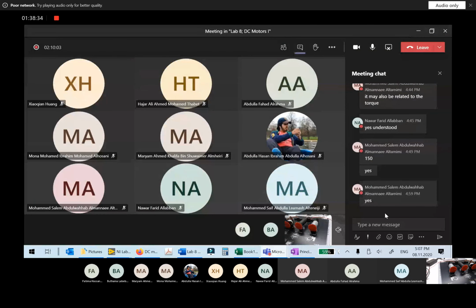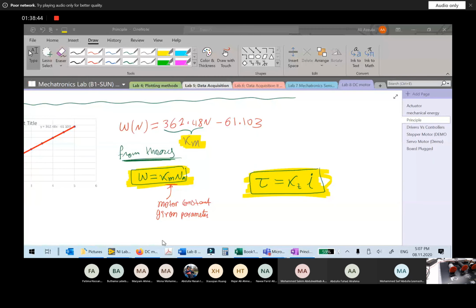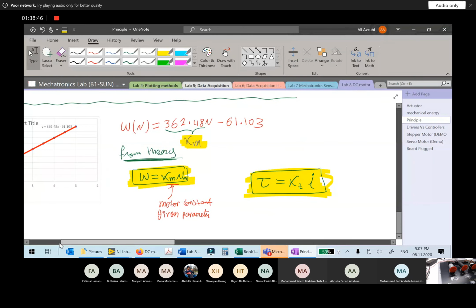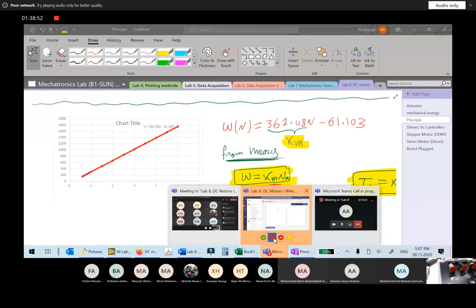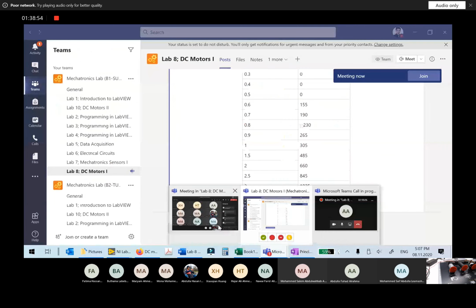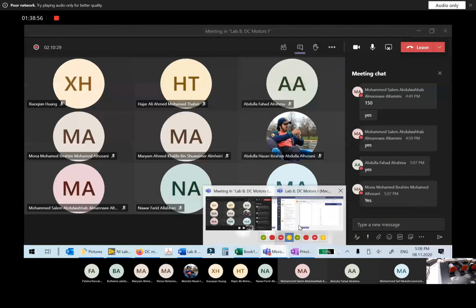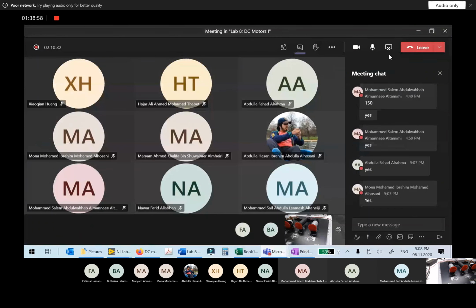Where are you? At least say yes. This means no or yes? Okay, so basically my experiment was straightforward. I just applied voltage, measured omega, plotted, got my equation like this, and this way I have found the motor constant.